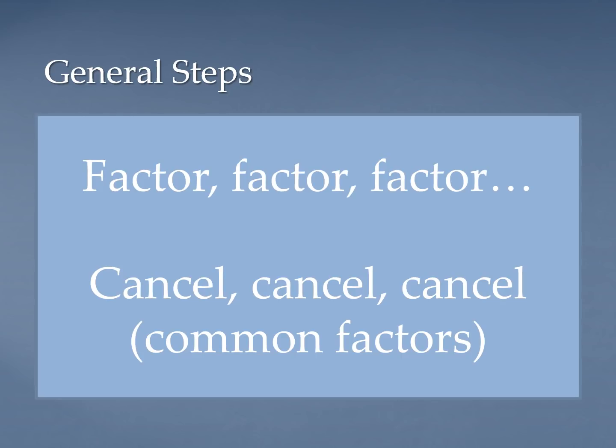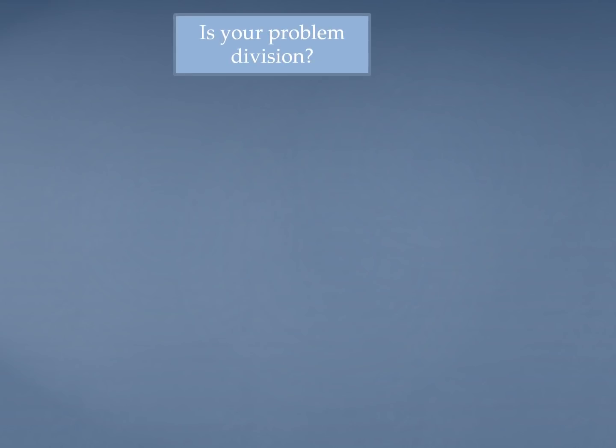All right? Now, the next slide, what we're going to do is, I made this type of flow chart for you. And so you're going to want to have your pen or pencil ready and copy this down. All right, so let's do it. Okay, so let's say you're given a problem. The first thing you're going to want to do is ask yourself, is the problem that I've been given division?